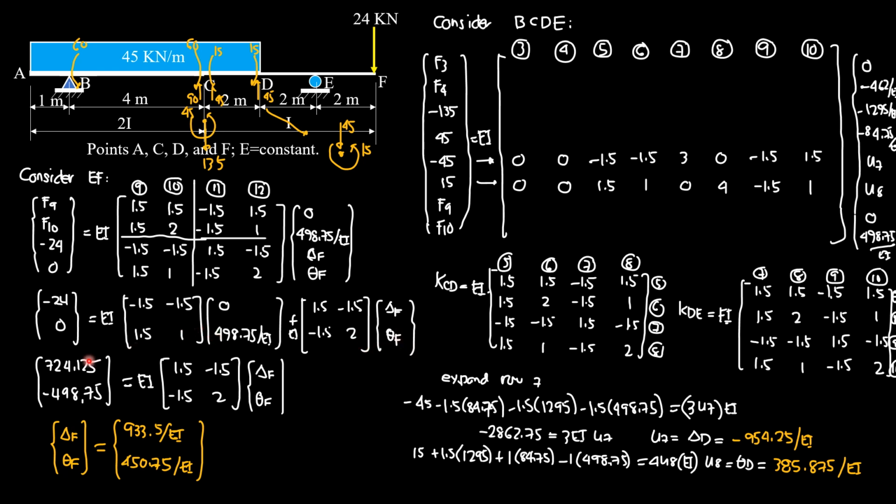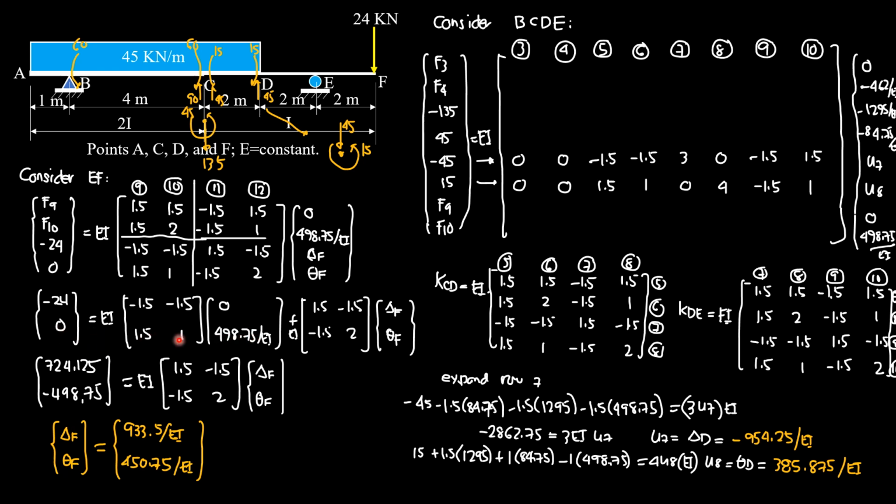So simplifying, negative 1.5 times 0 is 0, negative 1.5 times 498.75 is negative, transposed to the left, so it becomes positive. Negative 24 plus 1.5 times 498.75 is 724.125. Likewise, 0, 1.5 times 0 is 0. 1 times 498.75 is 498.75.